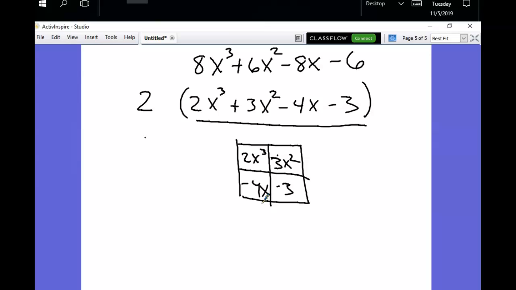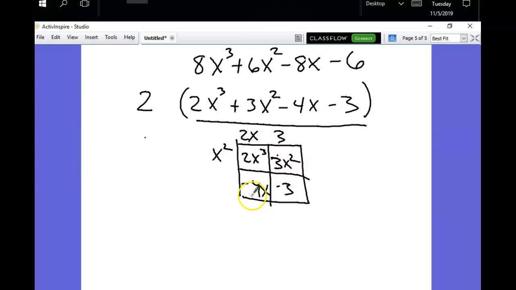All right. So what can I factor out of these two? 2 and an x. How about these two? 3. Does it matter how we set this one up? Same rules as last time. x squared.